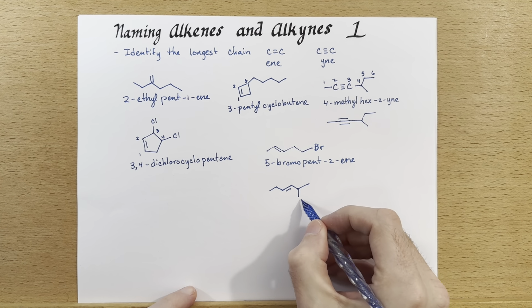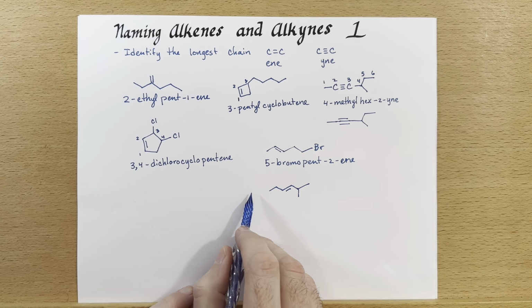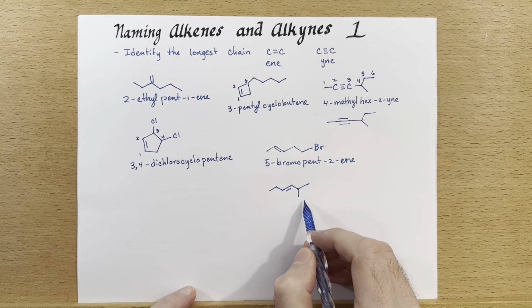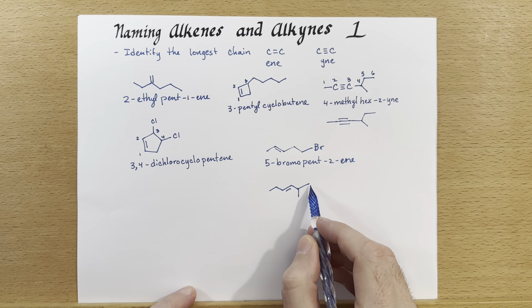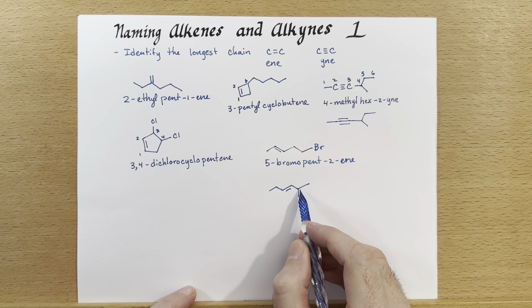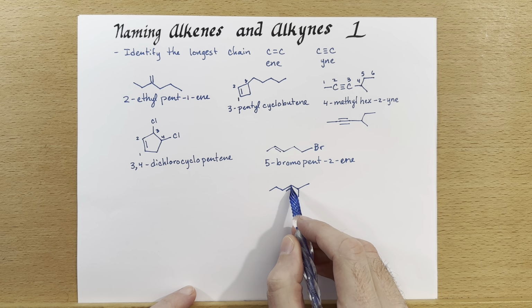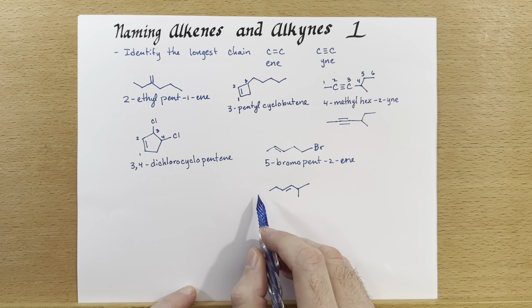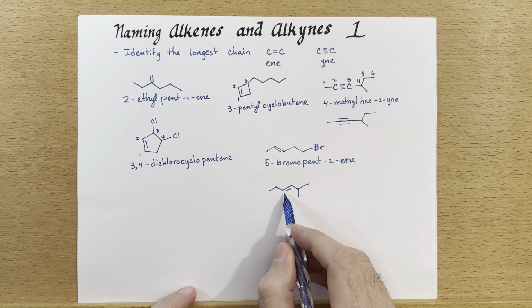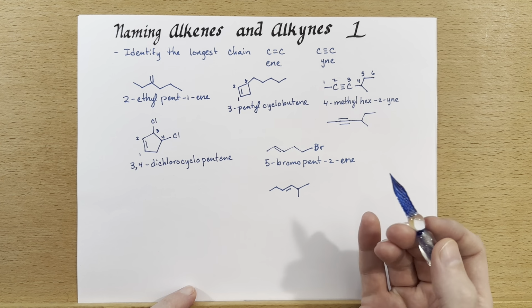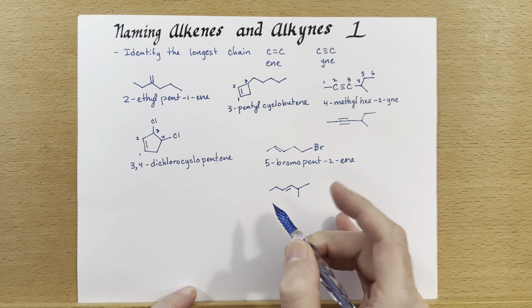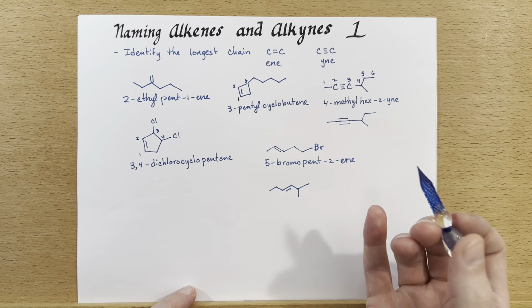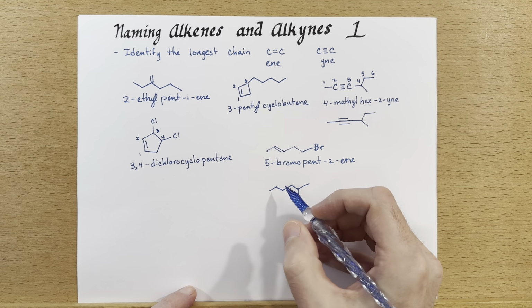So here, if we started counting in this direction, this would place the methyl group on a much higher numbered carbon. So we'll count from this side. So this is on the 2nd carbon, and in either way of counting, the double bond will be on the 3rd carbon. So we choose it so that we get the lower number on the other substituent when there's a tie between either side.